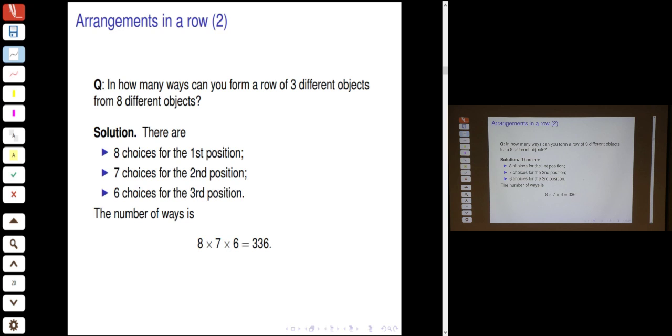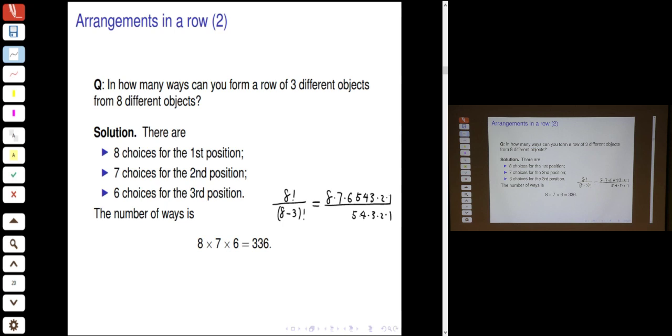So this is 8 factorial divided by 8 minus 3 factorial. 8 factorial is the product of these numbers, and 8 minus 3 is 5, so the bottom is 5 factorial.